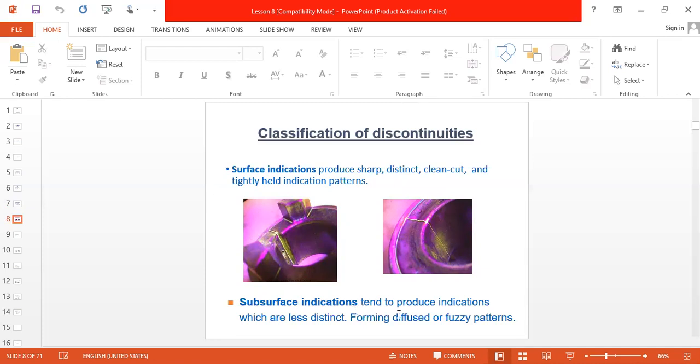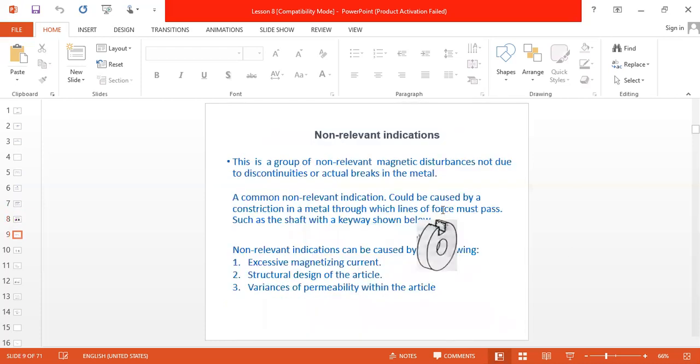Now, subsurface indications tend to produce indications which are less distinct, forming a diffused and or fuzzy pattern. Now, non-relevant indications: there is a group of non-relevant magnetic disturbances not due to discontinuities or an actual break in the metal. See here, if your material actually breaks, then it is a true indication.